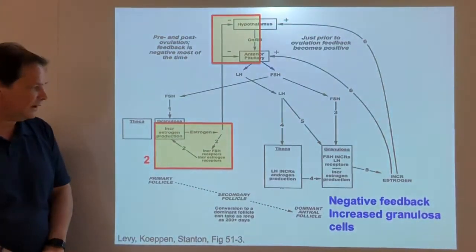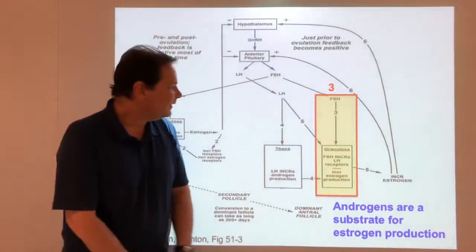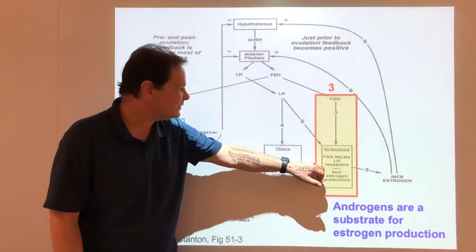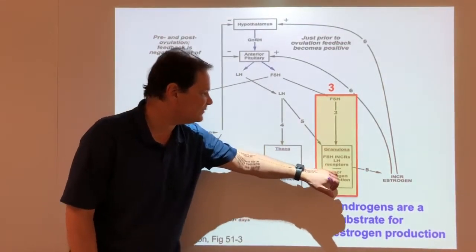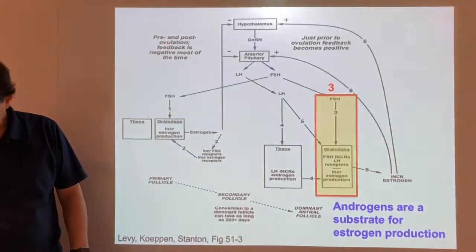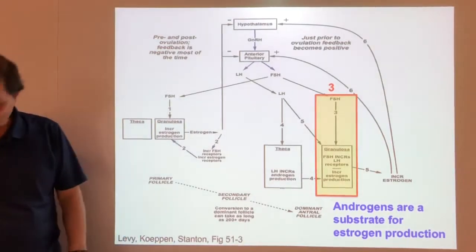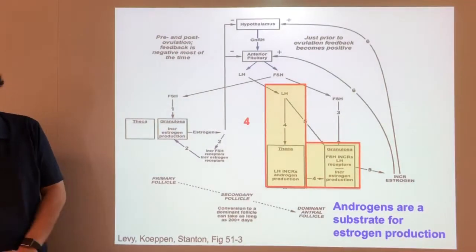At the same time as you cause these granulosa cells to proliferate, you have the potential to generate quite a bit more, okay? That progresses to a stage where the FSH acts upon the granulosa and you increase the number of LH receptors on the granulosa, okay? And as you'll find out in a moment, that has a role in generating androgens, which are a substrate for estrogen production.